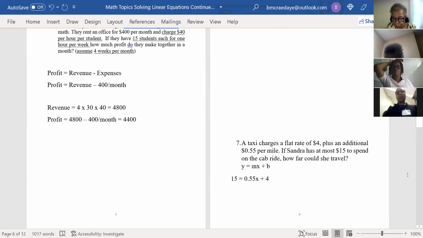Divide $15 by the charge. Oh, so she only had 5.